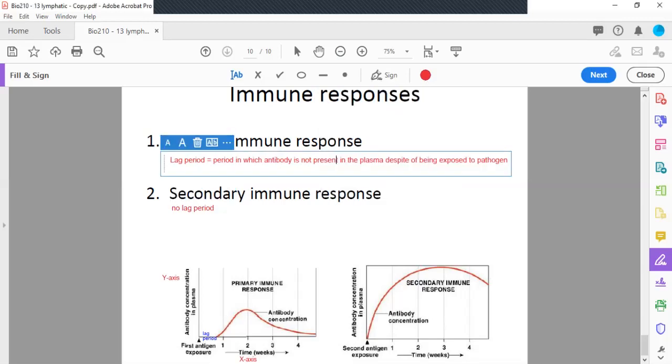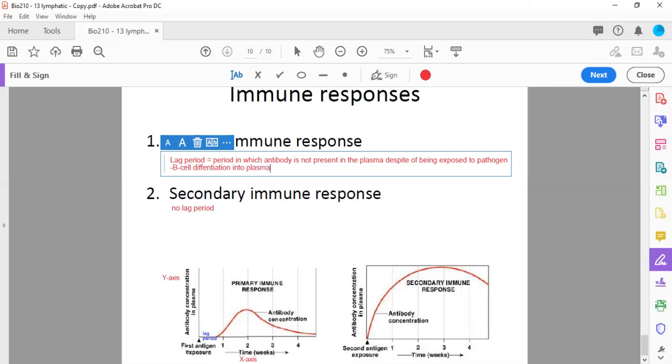What happens during the lag period is you have the B cell differentiation into the plasma cells and memory cells.